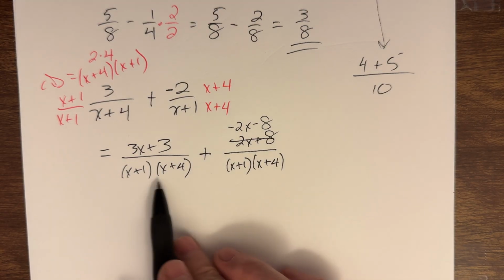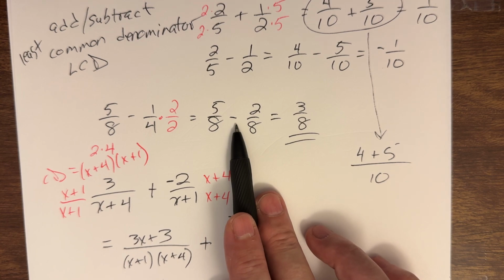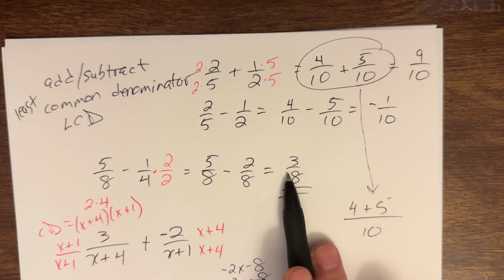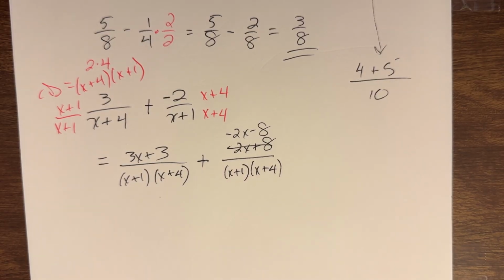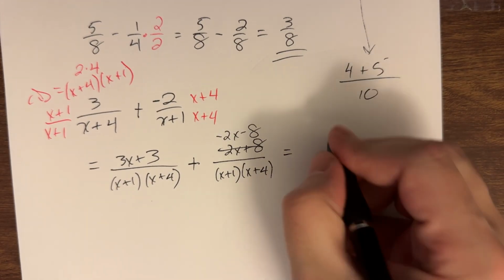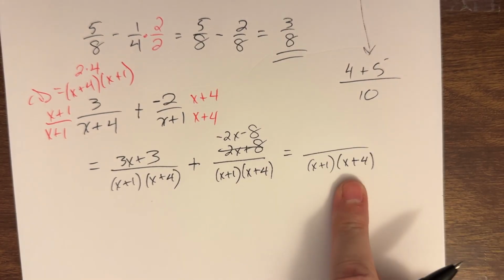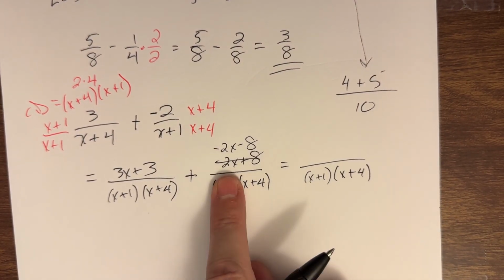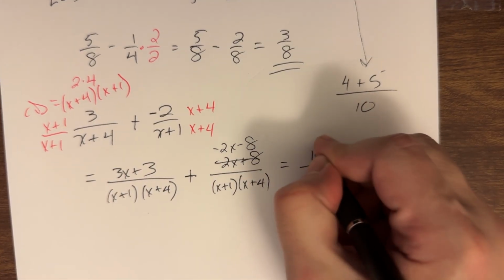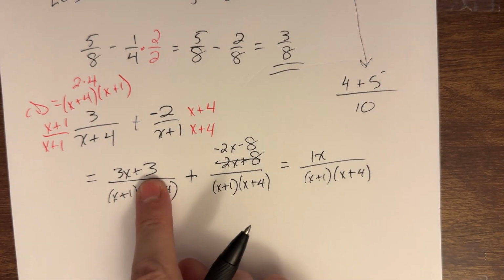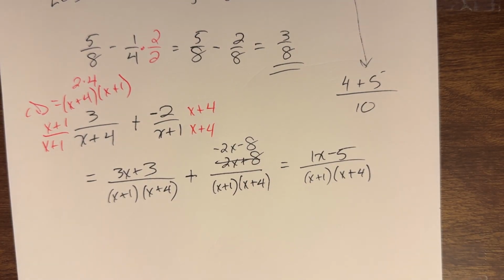But now, up here, I did my addition or my subtraction across the top, and the denominator stayed. Now, it's about like terms. The denominator is done. It still stays x plus 1 times x plus 4. On top, well, 3x minus 2x is 1x, and 3 minus 8 is minus 5.